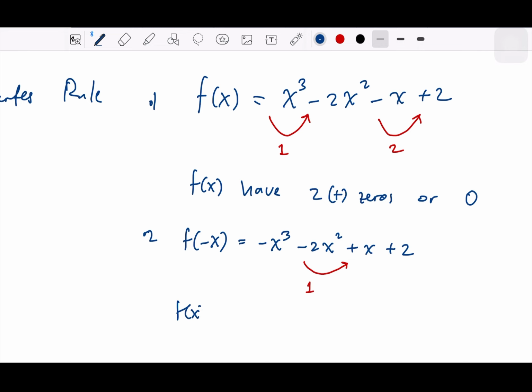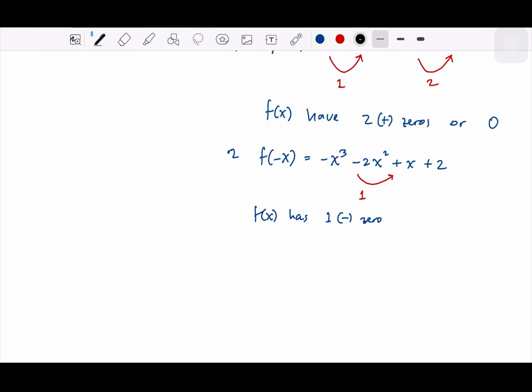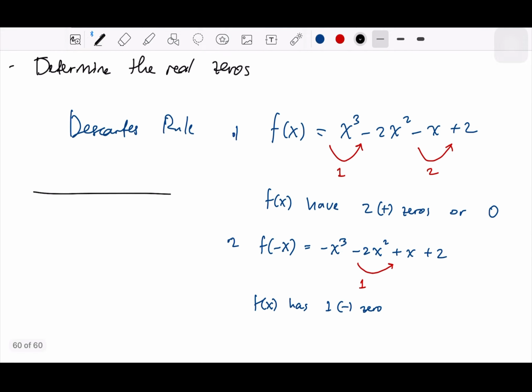So for f of x, if it is just 1, we cannot minus 2 because it doesn't really help anything. So it has 1 negative zero. We could take this into our table. So we have positive, we have negative, and actually we can have our imaginary numbers.